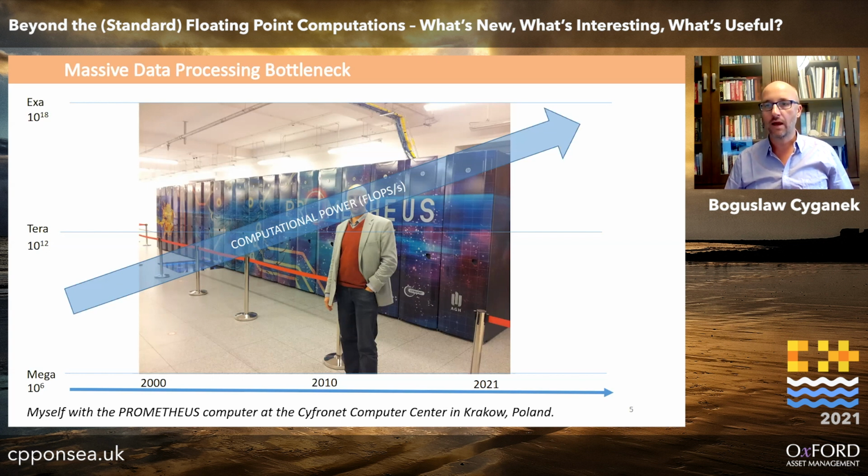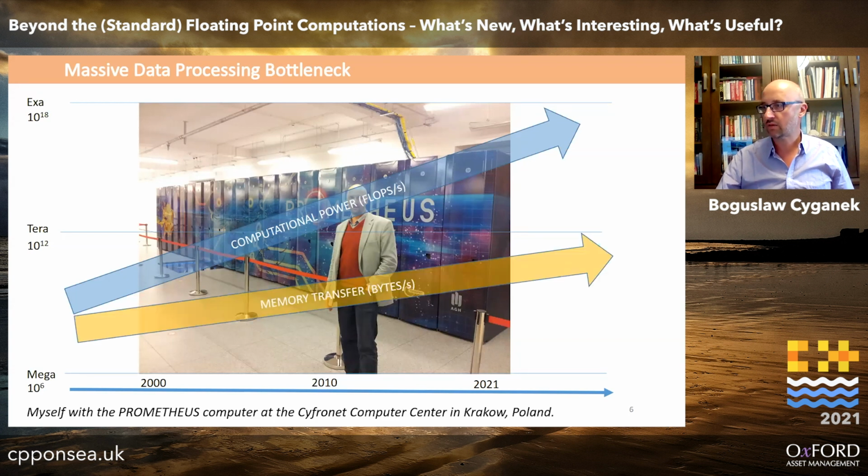I remember being a student and having electronic parts in megahertz. So now we have dozens of gigahertz possible. But at the same time, if we take a look at the memory transfers, they are not growing so fast. Although we live in the era of massive data, of big data production. So we see this discrepancy here.